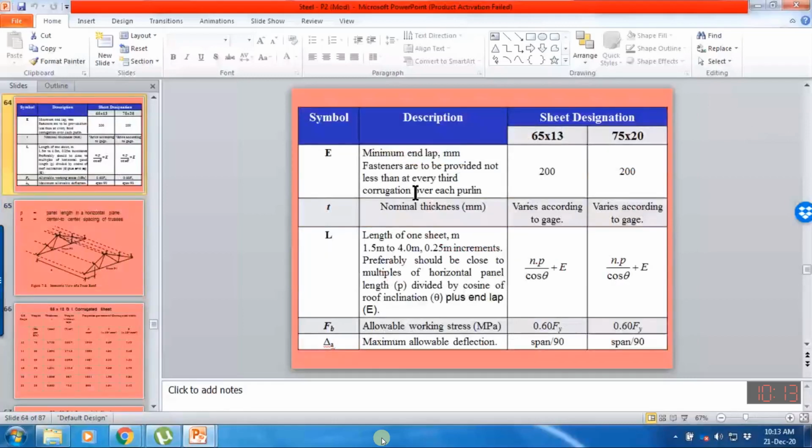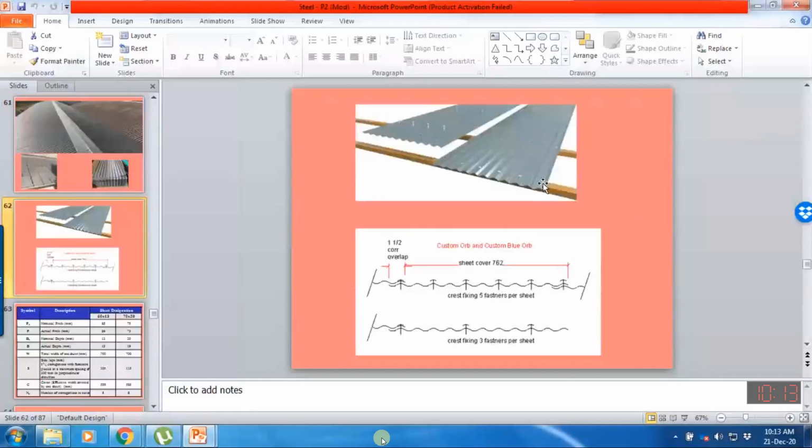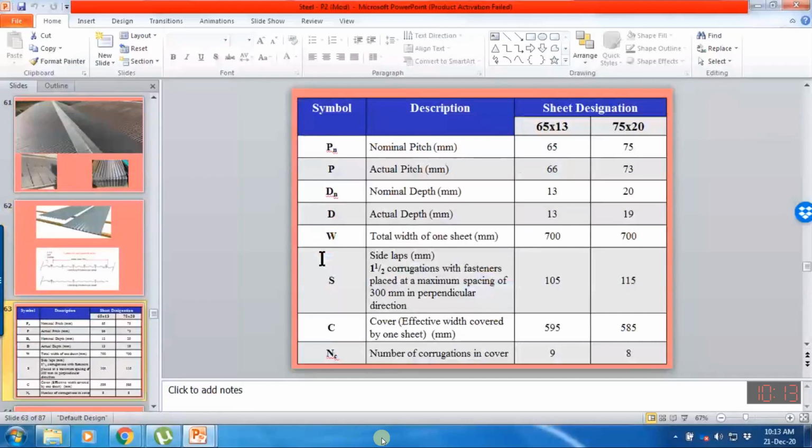Third corrugation means 1, 2, 3. You can see that 1, 2, 3. So at every third corrugation, at the top of the corrugation, they have provided the bolt. So what will be the distance between two J bolts? One corrugation is equal to around 75.